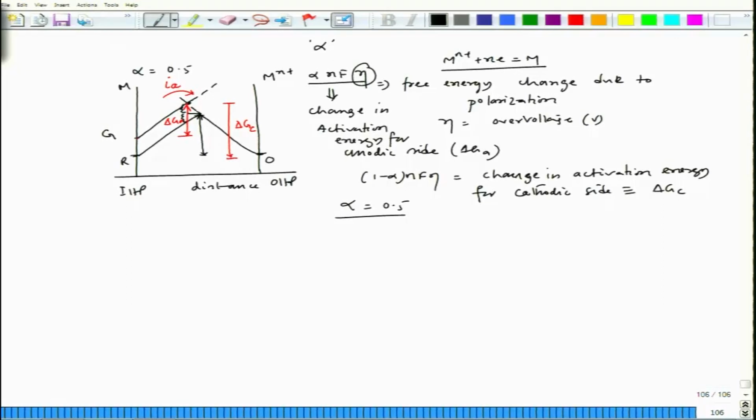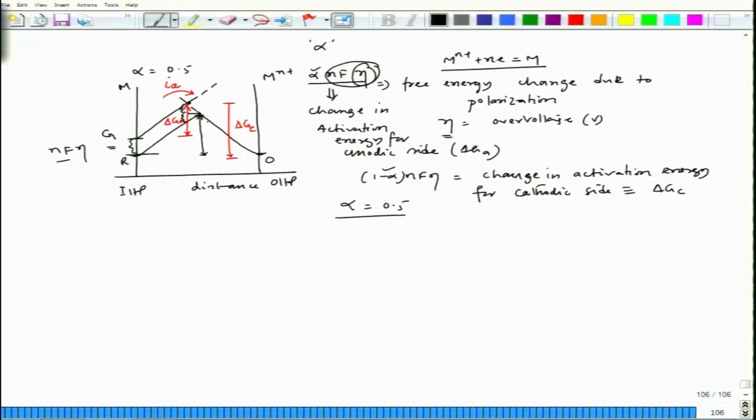That suggests that the contribution of the total overvoltage or total energy change, which is this one, would be this fraction and this fraction. And now you need to know what that free energy change due to overvoltage is. This is the amount of free energy change for overvoltage, which is equal to nFη.